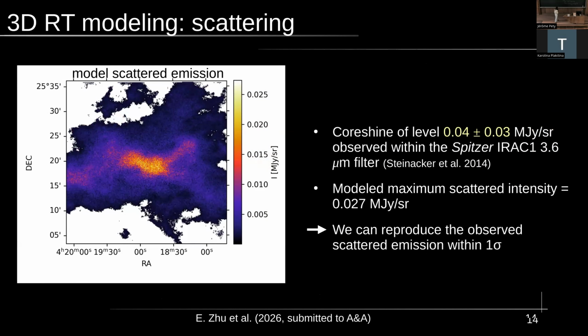And then in the end, you can see here the modeled scattered emission. With Spitzer, a coreshine, so an enhancement of scattered emission at the level of 0.04, is observed for L1506E. And with our modeled maximum scattered intensity of around 0.03, we can reproduce the observed scattered emission within 1 sigma.